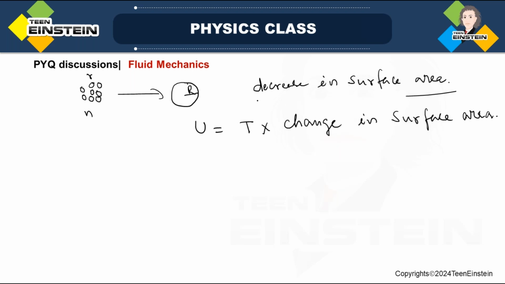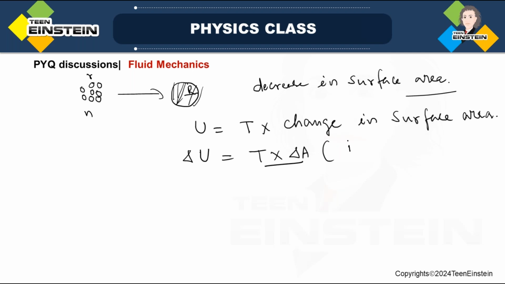So since here the surface area decreases, the energy also decreases within this spherical drop. That means this much energy gets released.